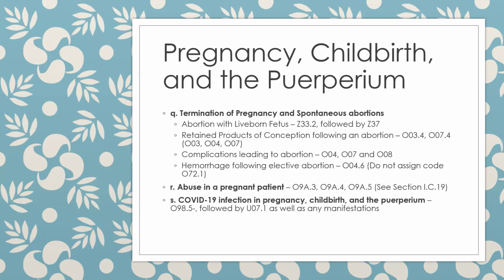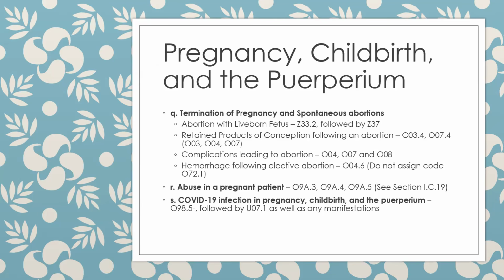Number 3, complications leading to abortion. Codes from Chapter 15 may be used as additional codes to identify any documented complications of the pregnancy in conjunction with codes in the categories O04, O07, and O08.